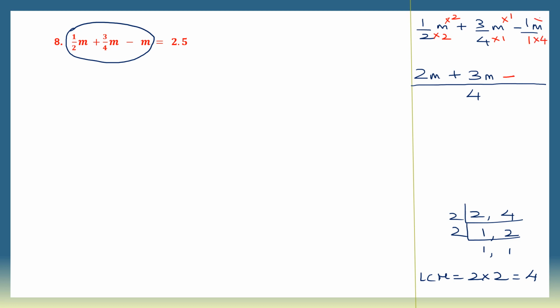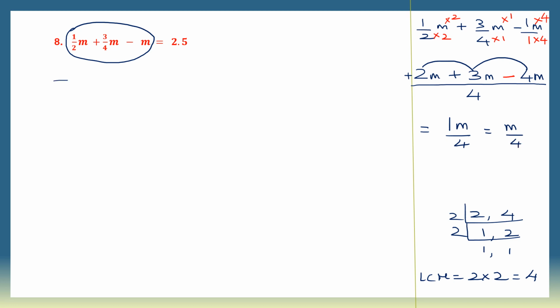So here, when you multiply this into 4, 1 into 4 becomes 4, and then we write m. So now we have three numerators on top. So let's work that out. Let's add up the numbers with a plus sign. So 2 plus 3 is 5. Then let's minus 5 minus 4 is 1. So we get 1m by 4, or it is simply m by 4.